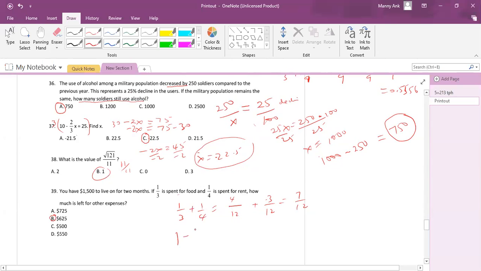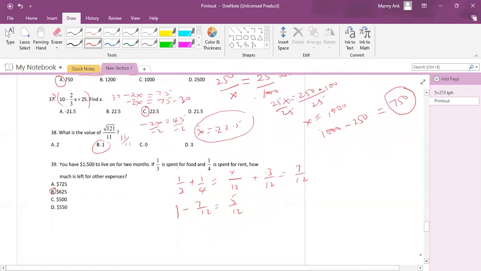So it's 1 minus 7 over 12, which is 12 out of 12, right? If you take 7 out of 12, you have 5 parts out of 12 left. So this is how much is spent on other things as a fraction. So you're going to find 5 twelfths of 1,500. So 1,500 times that. If you multiply this out, then you have your 625.